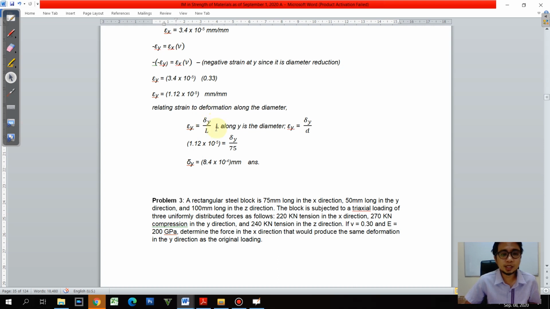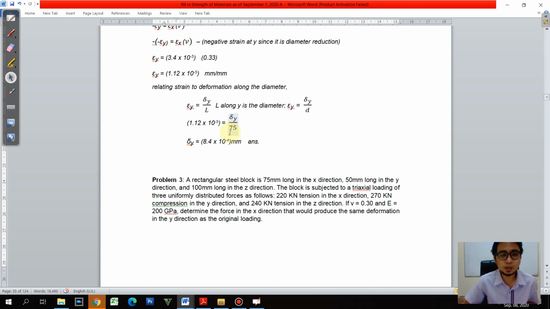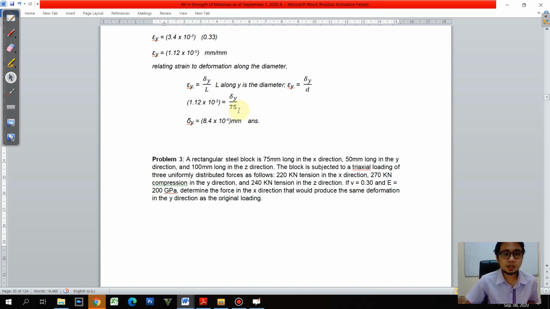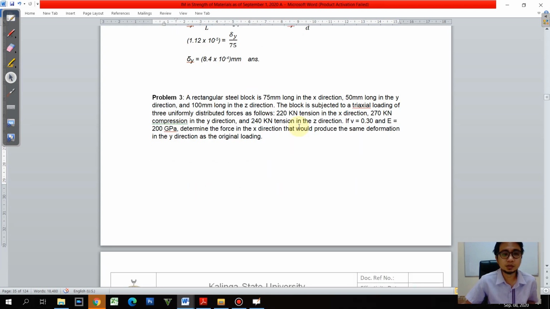This time, it is along Y because we have already obtained the Y direction. And the original length is actually the diameter along Y. So ngayon, we'll just substitute that one by cross multiplication. It will be directly multiplied by the 75 as the diameter of the Y-axis, or the length along the Y-axis. So by that, therefore, the deformation is 8.4 times 10 raised to negative 4 millimeters. So that's it for the second problem.